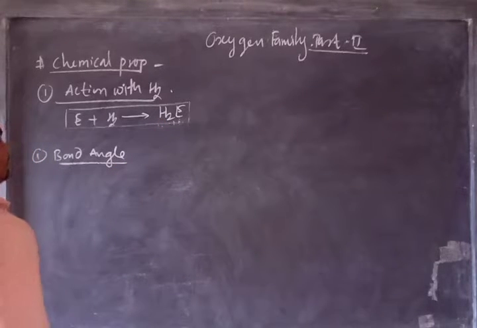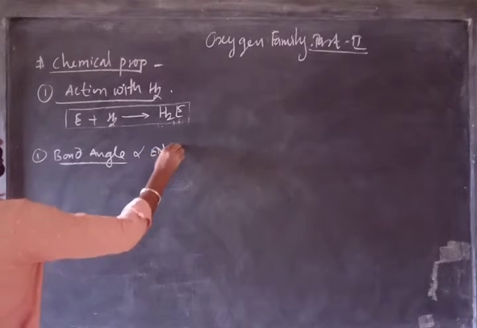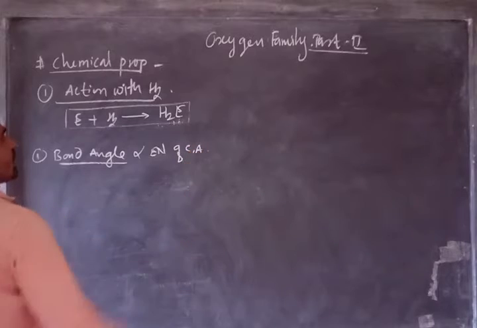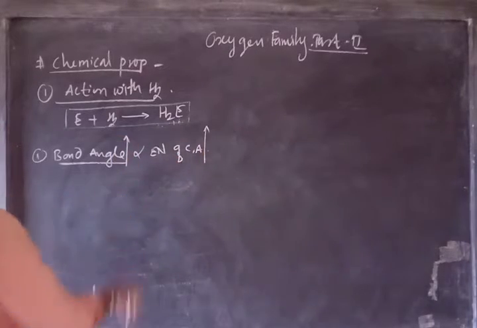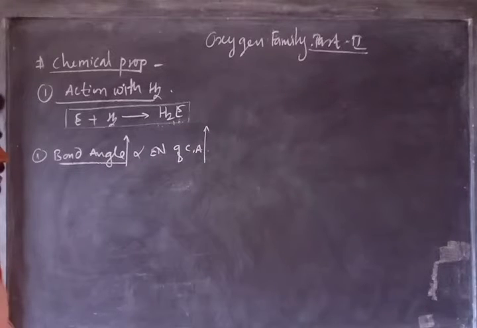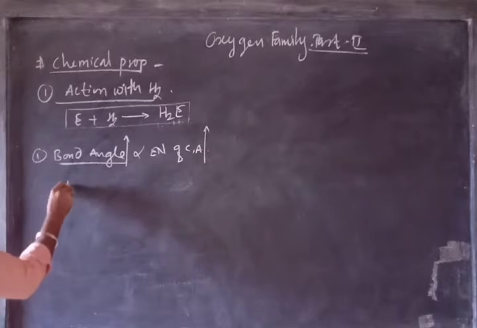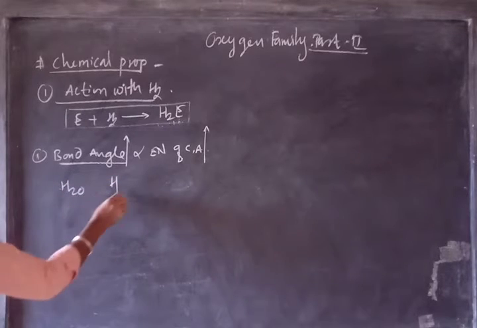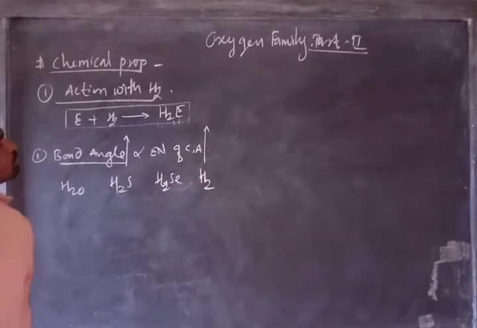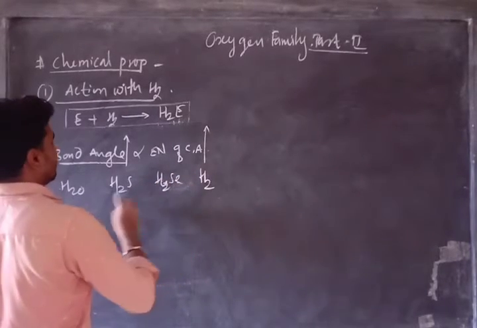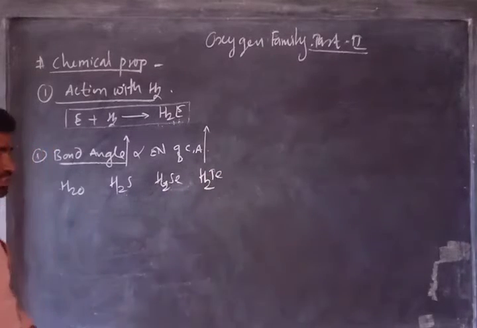In that case, bond angle is directly proportional to the electronegativity of the central atom. As the electronegativity of the central atom increases, the bond angle also increases. So here is the water molecule H2O, here is H2S, H2Se, H2Te.